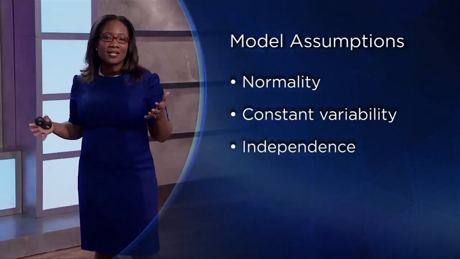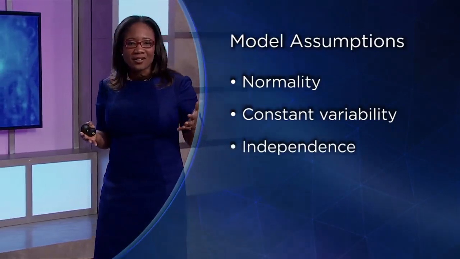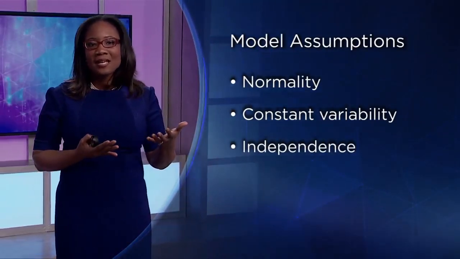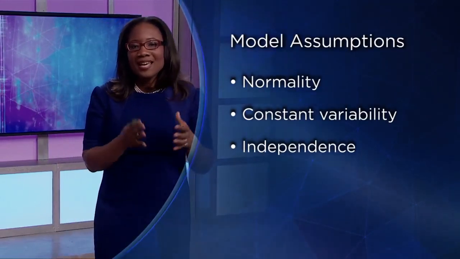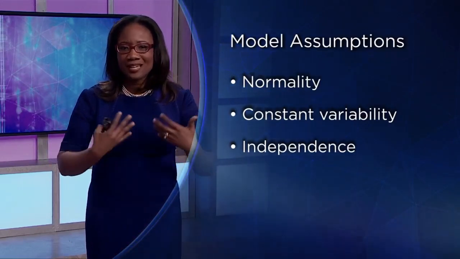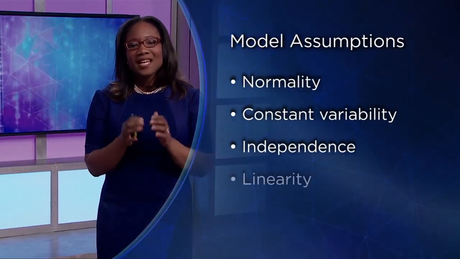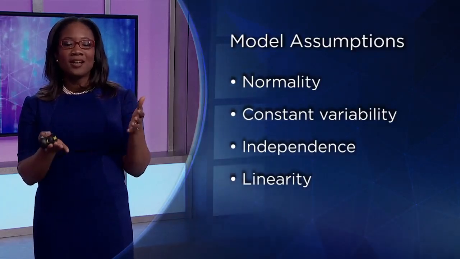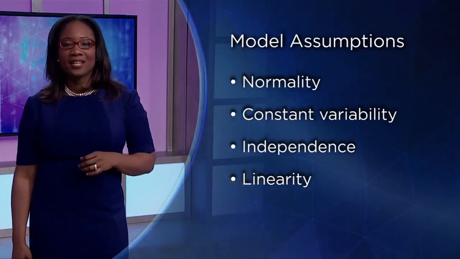Now, in order to check for independence, that's a little bit harder. We really have to examine how our data values were collected to make sure our study doesn't involve any type of dependency between our data. So it's more difficult to pull that out of a graph. And then lastly, we check for linearity. And so just a scatter plot of our data will tell us whether or not we could fit a linear regression to it.